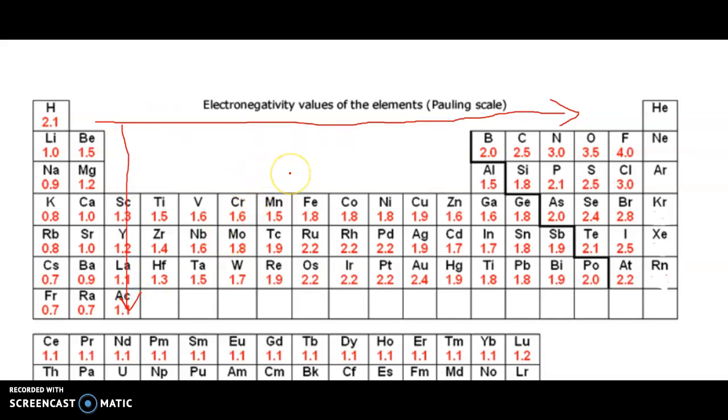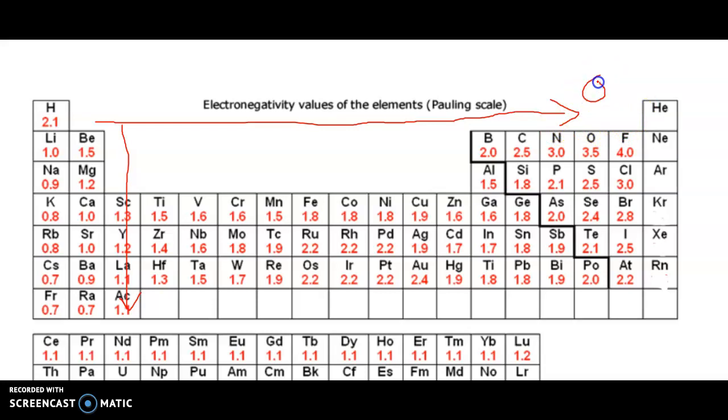So why is that? It goes back to the atomic radius, right? The size of the atoms going down the column increases, right? So the bigger they get, the less hold on those electrons. As we go this direction across, atoms are getting smaller. So the nucleus has a stronger pull.